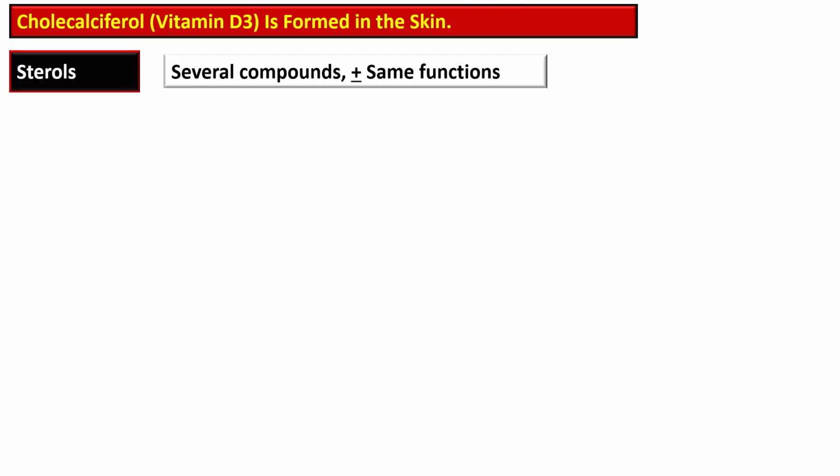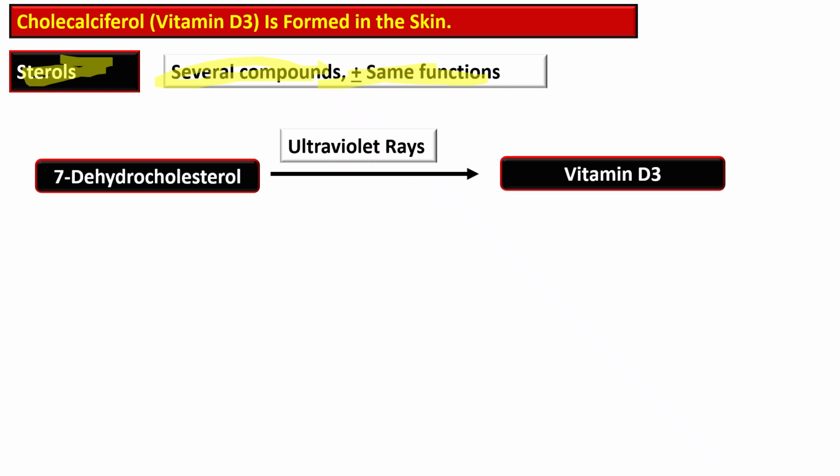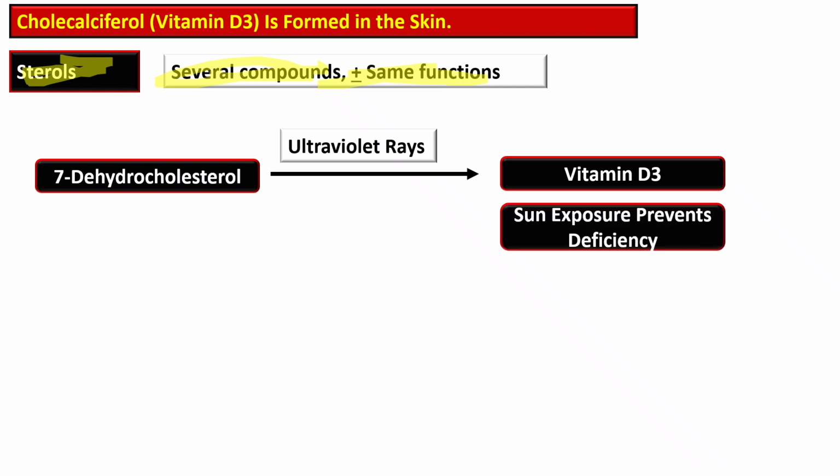Vitamin D is derived from sterols that give rise to many compounds. These are closely related and have almost the same function. So 7-dehydrocholesterol is the cholesterol derivative that is present naturally in the skin, and by the action of ultraviolet rays, it is converted into vitamin D3.